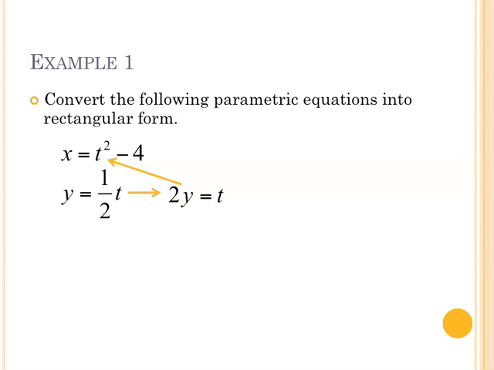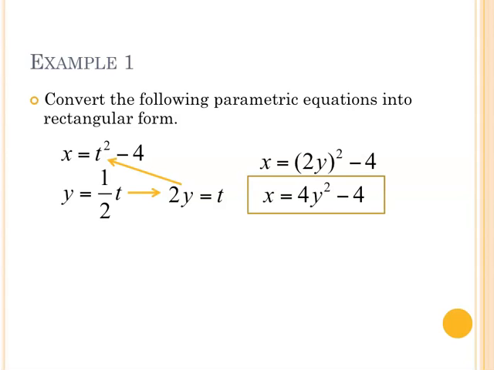So notice when we do that substitution, that parameter t is now gone. We've eliminated the parameter. Right, so x equals (2y) squared minus 4. Looks like this is something we can simplify, so that's the third step. Go ahead and simplify, so we have x equals 4y squared minus 4. Okay, and that is those 2 parametric equations in rectangular form.